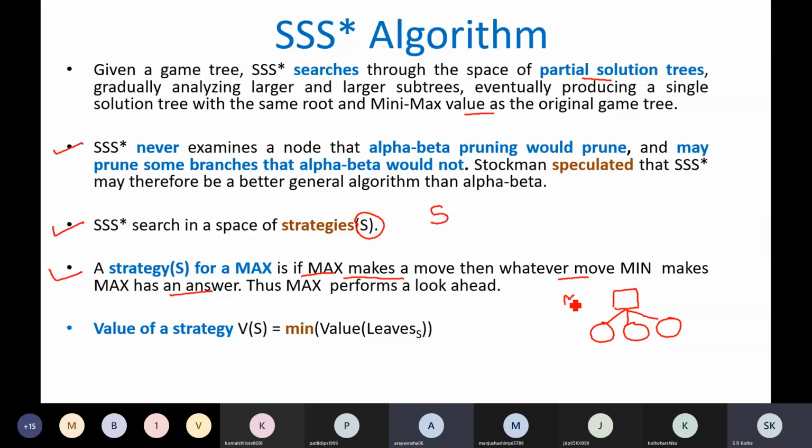Suppose we have a max node at the root, min nodes at the next level, then we will have max nodes again, and then the corresponding utility values in this way. So what is the strategy?